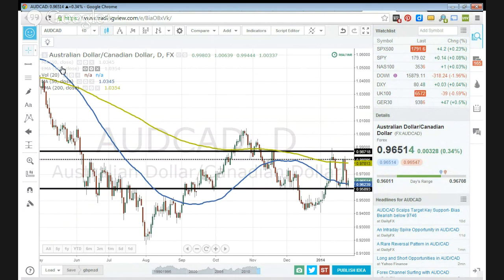It's looking a little range-bound at this moment. We'll see. Let's see what it looks like on the 4-hour chart.